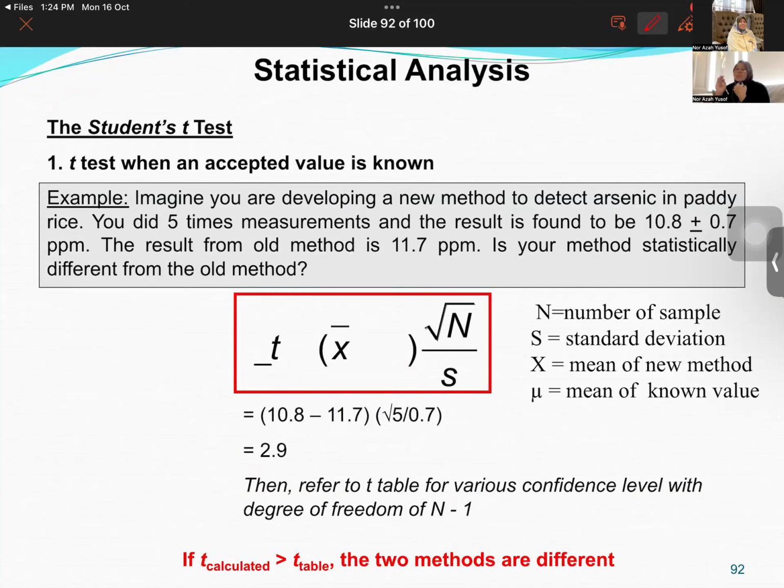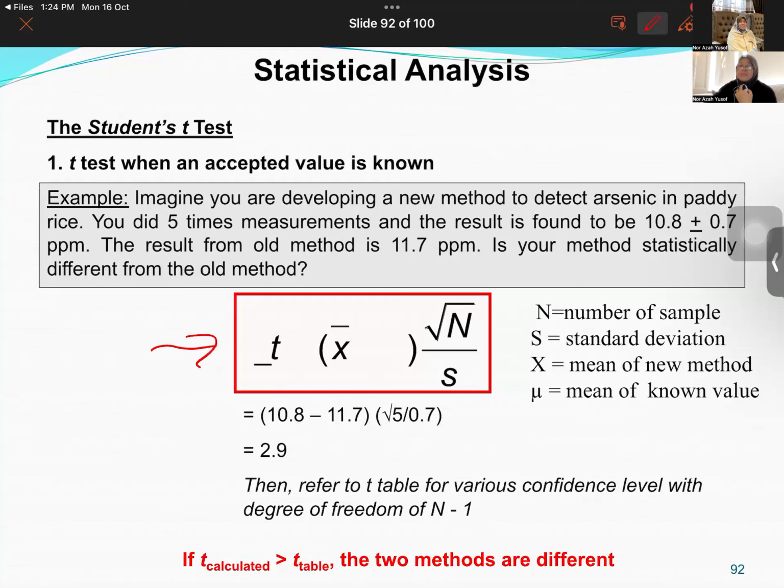Now this is the easiest t-test. Why is it missing in the middle? If possible, can you look at the module to check the t-test formula? I don't know why it is missing.